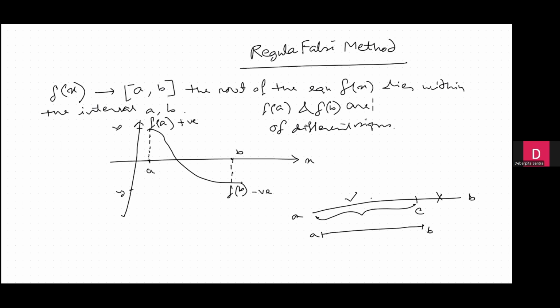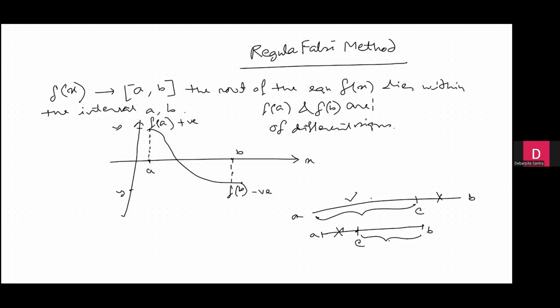Next, suppose the C point lies here. Based on the values of f of A, f of C and f of B, we have to choose which interval to take. Suppose we choose this interval and this gets discarded. In this way, you see the interval is being narrowed down. We have to update A and B accordingly.